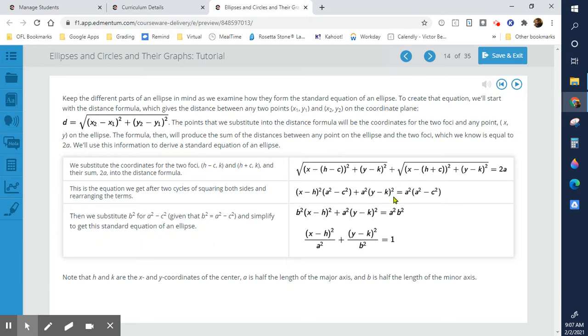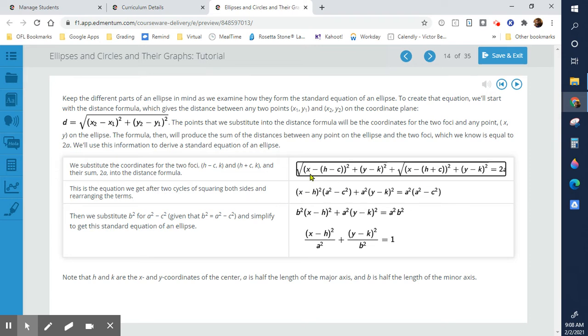And we're going to get all of this here. So this 2 would eventually cancel out with something once we square it. And then we're going to substitute b squared. So we substitute in the h minus c for the form. So this is us just subbing in.